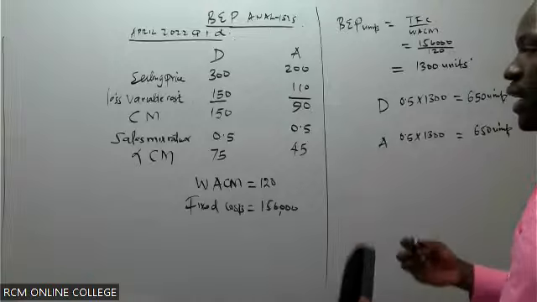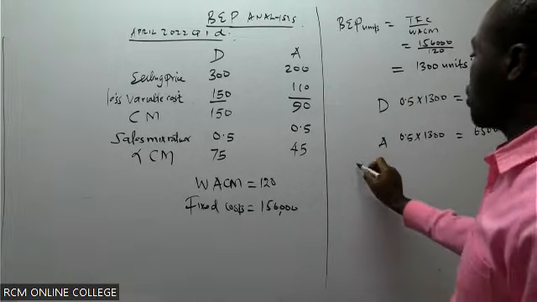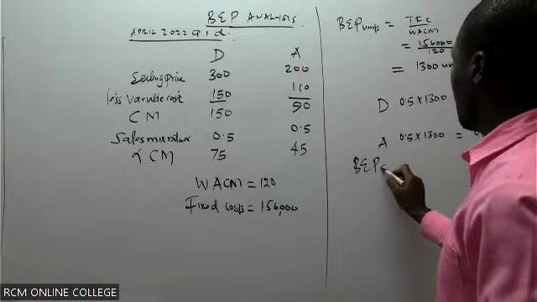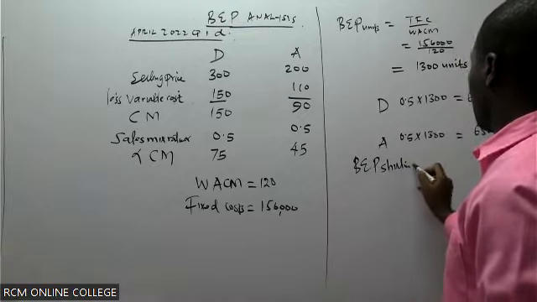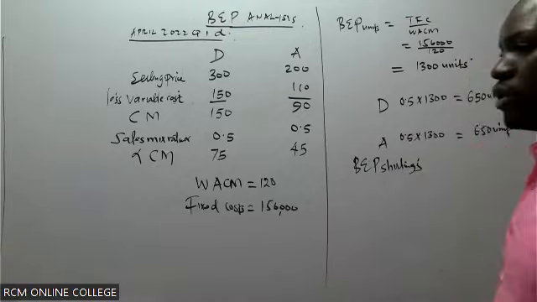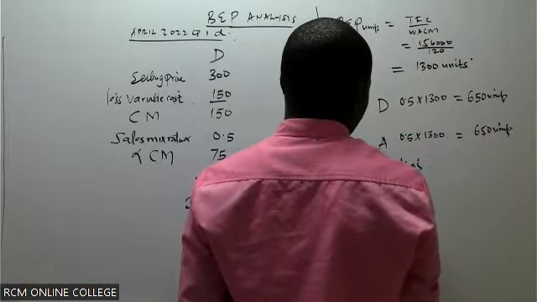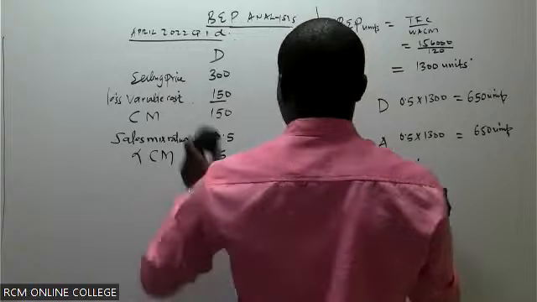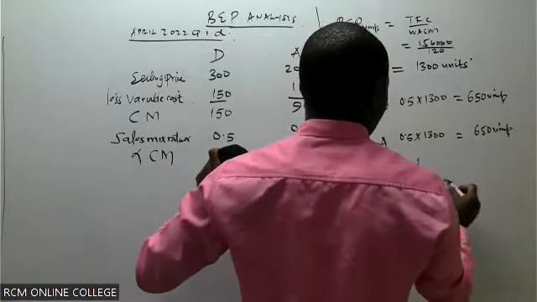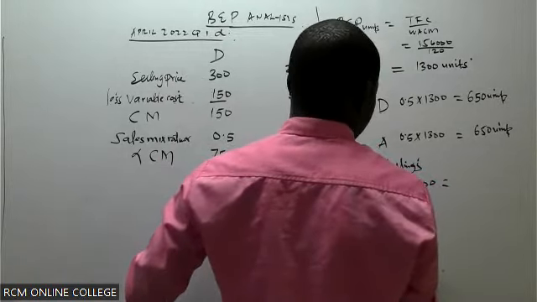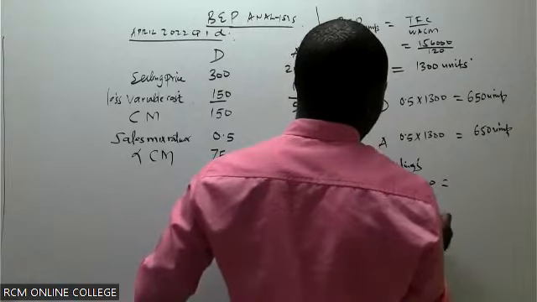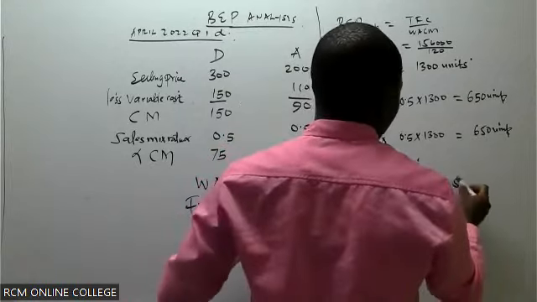Let's go ahead and get the break-even point now in shillings. So the break-even point in shillings, we are going to have D having 650 units multiplied by the selling price per unit. You're going to have A having 650 multiplied by selling price per unit.